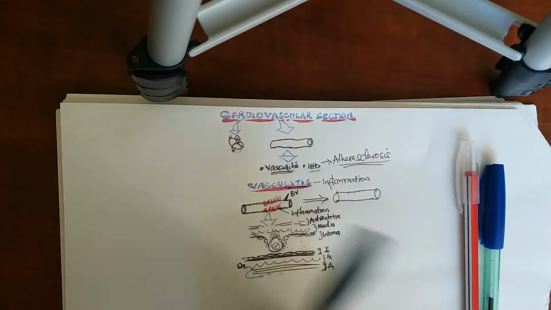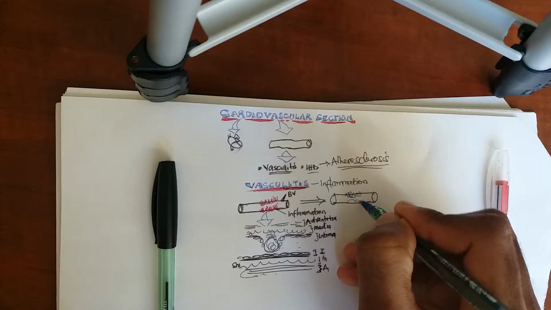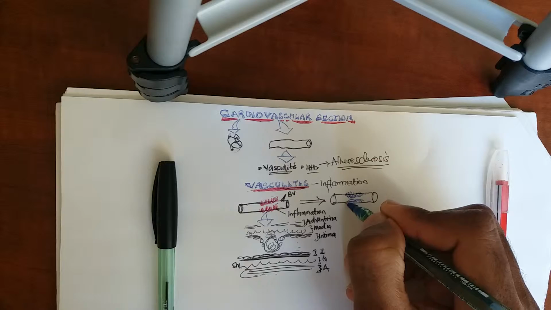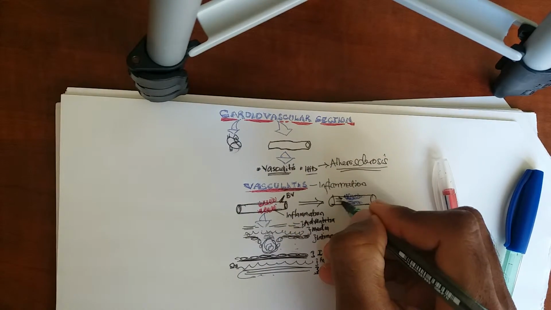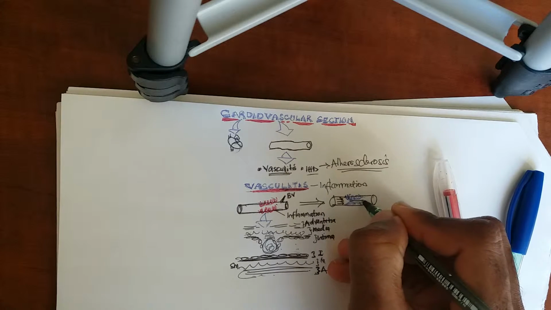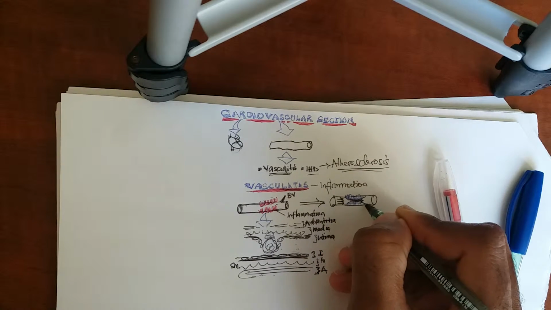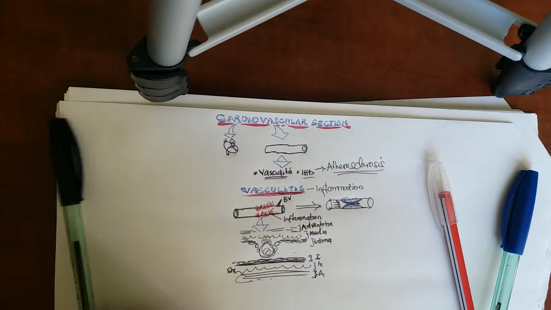So this inflammation will turn into more of a scar-like tissue. This fibrosis will cause thickening of the blood vessel, and this continuous thickening would lead to a decrease in blood flow. As you can see, this is blood flowing here, and now it has to go through this tiny lumen due to this fibrosis that occurred due to a series of inflammation in that blood vessel.